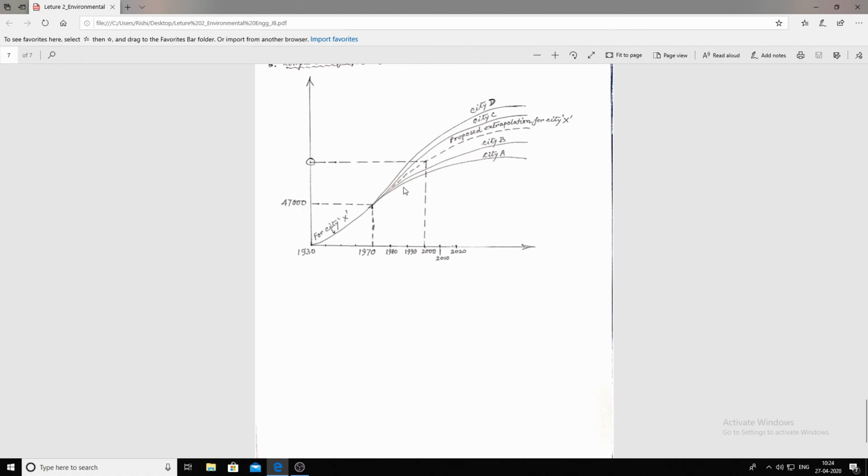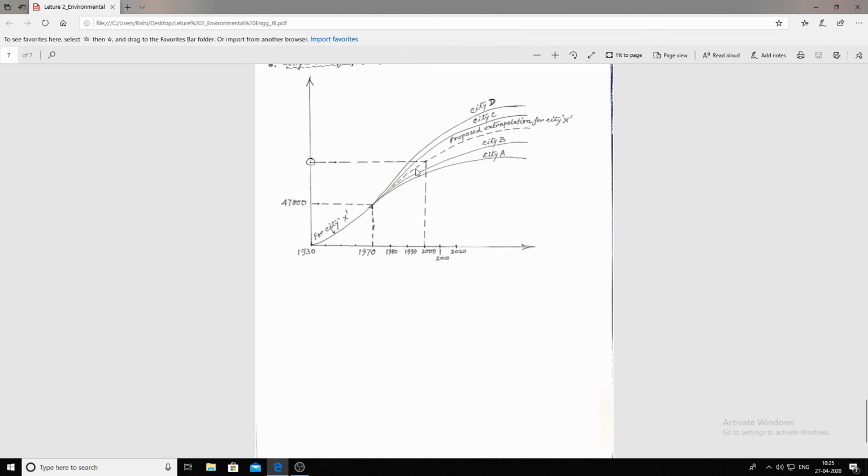Then we look for cities whose characteristics, nature of development, geographical situation, etc., match the existing city X. We found 4 cities, and plotted the curves for city A, city B, city C and city D. Now, which path to be followed? It is better to follow the intermediate path.